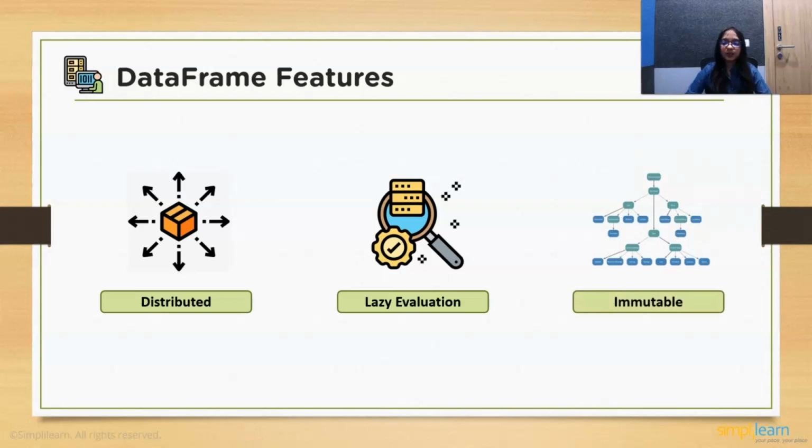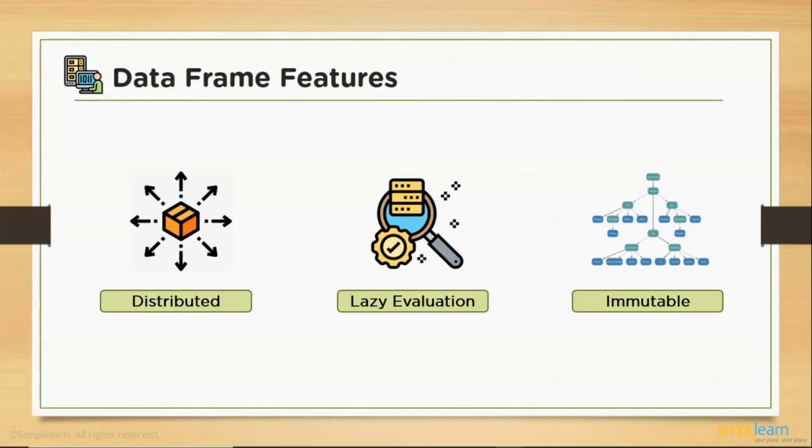Data frames, datasets, and RDDs are immutable storage. The word immutability means inability to change. When used in reference to an object, it signifies that its state cannot be changed once it is formed. Compared to Python, these data frames are immutable and provide less flexibility when manipulating rows and columns.